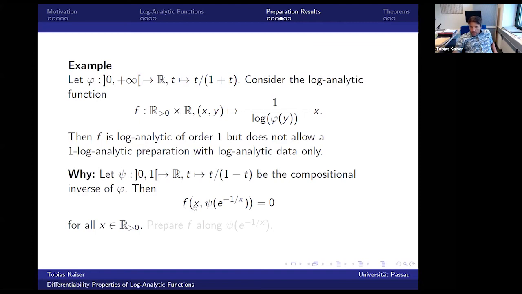Well, f(x, c) at the point e^(-1/x) is 0 for every positive x. And if I prepare f around the graph of this function, I see that I get really terms in the preparation where I have the exponential function.